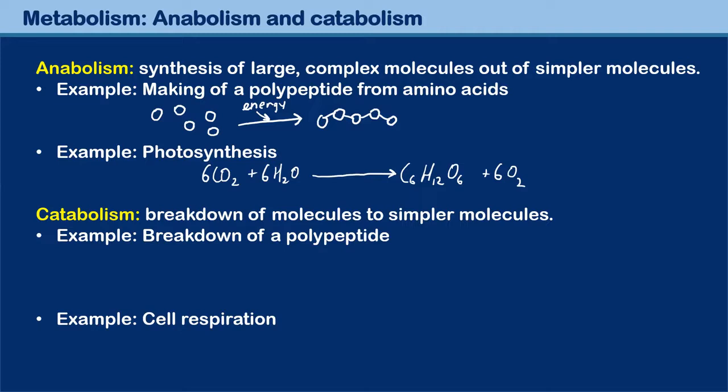And of course, this also requires energy, namely light energy. Glucose is the larger molecule which is built up, and you use smaller substances, namely carbon dioxide and water. So that's pretty much it concerning anabolism.